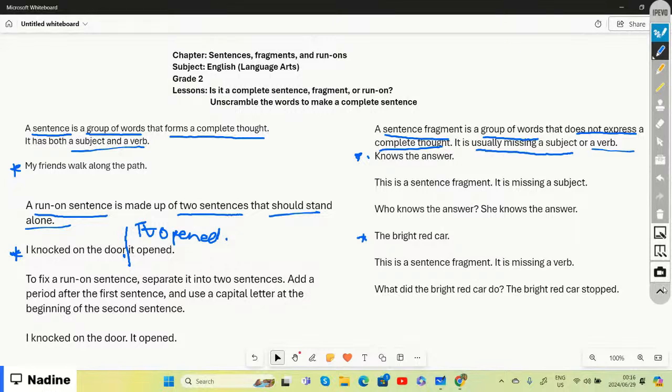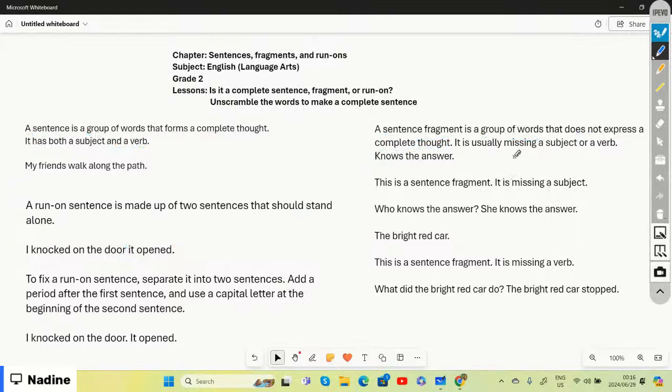All right. So now we're going to aplusstudents.ca.